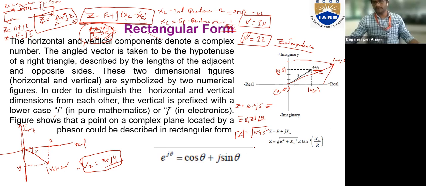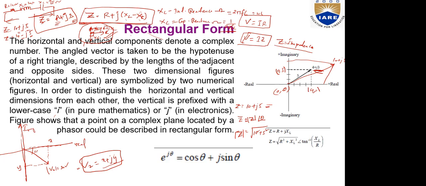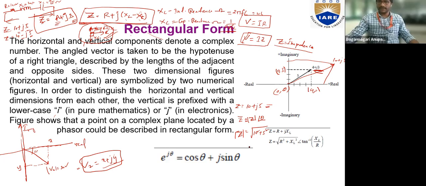Will it? Under root of 100 plus 25 is under root 125.